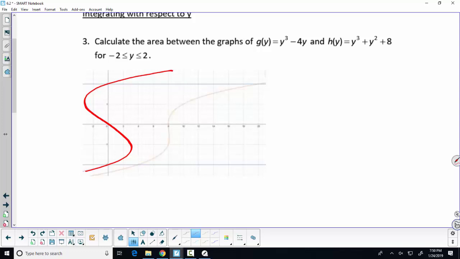So this curve here is y cubed minus 4y. g of y, we can call g of y x, just like we call f of x y.